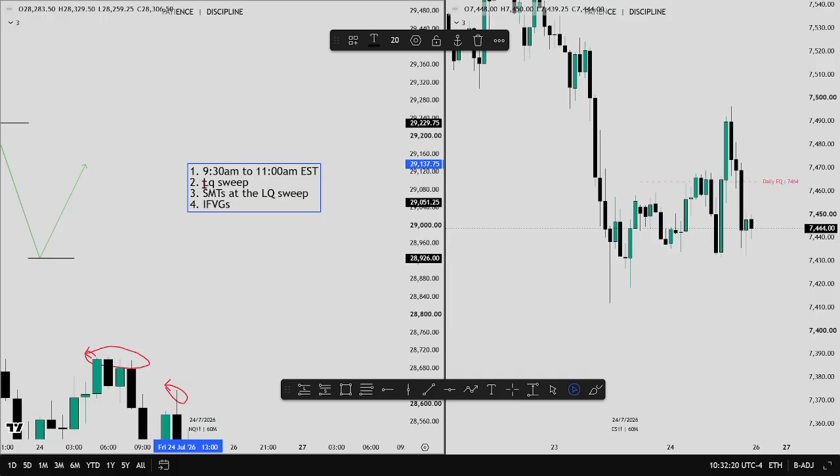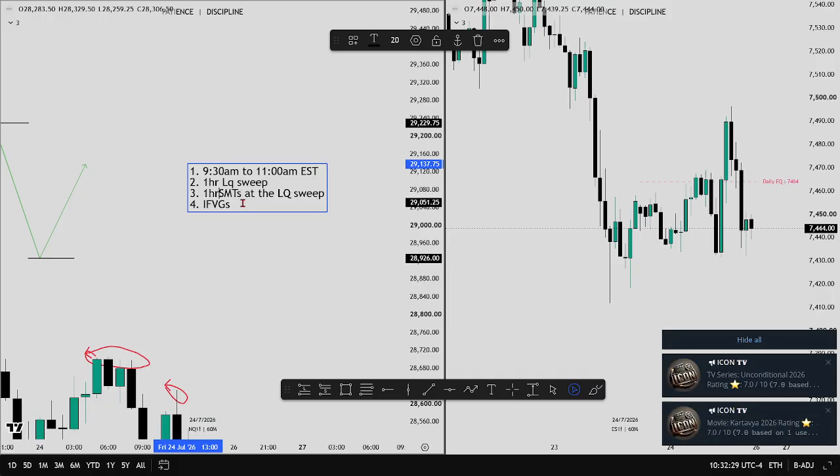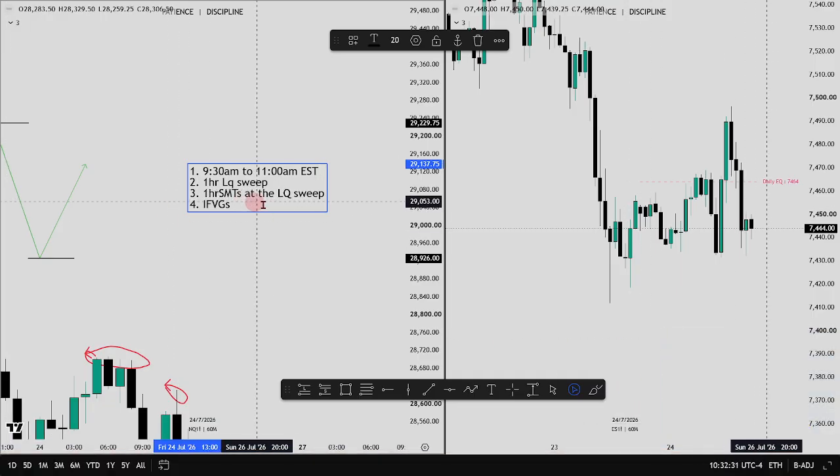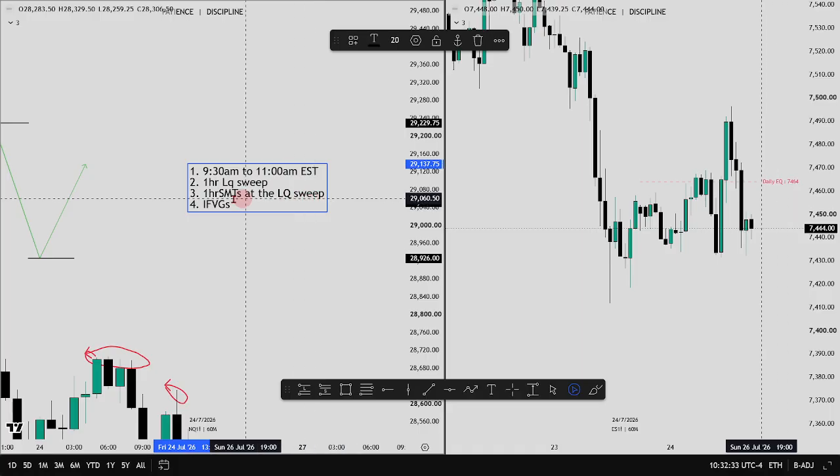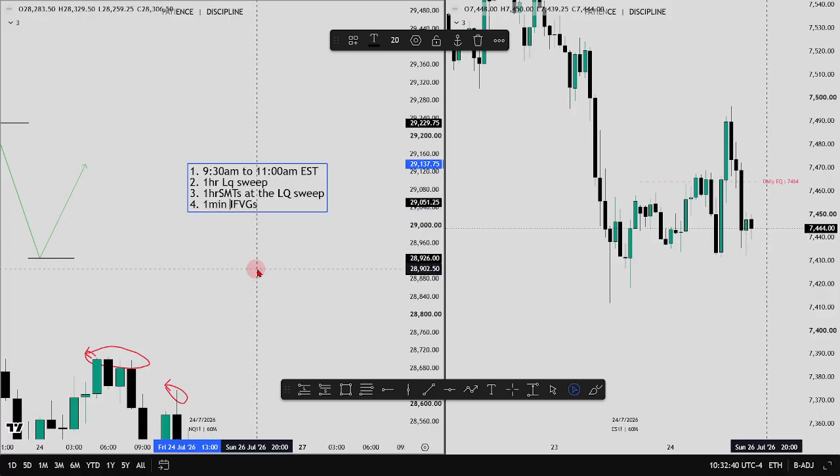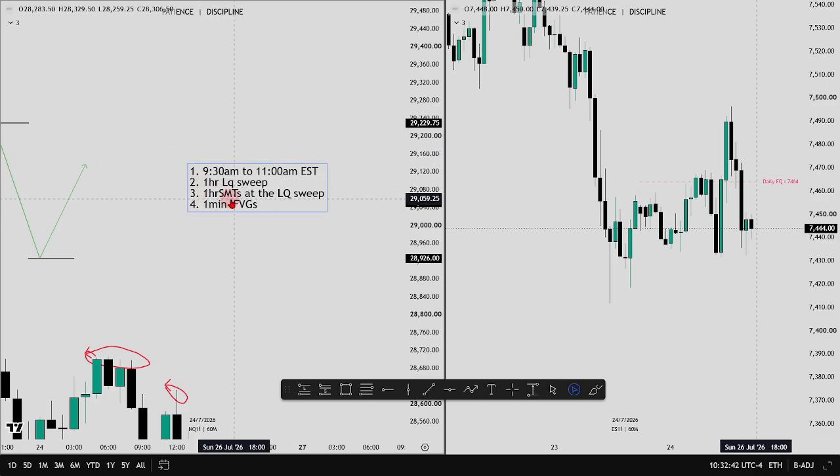I use the 1 hour for the liquidity sweeps, and for the SMTs also I look for 1 hour SMTs at the liquidity sweeps, but for the IFVGs I look for 1 minute IFVGs. These 4 steps are all I do from 9:30 to 11.